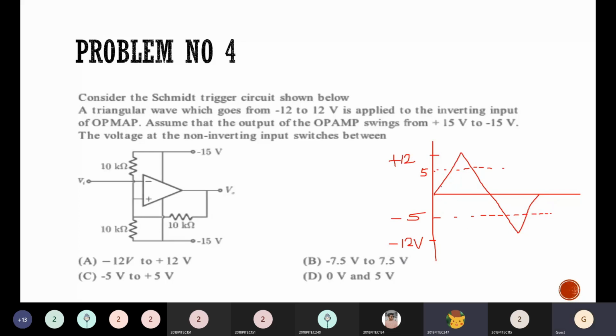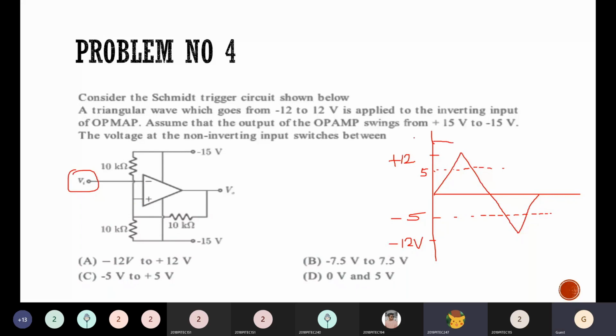When your input is less than 5 volts, the reference voltage is 5, is it not? So when the input you have given here is less than 5 volts, it means 5 volts is greater, right? So your output will be at plus 15 volts till this.